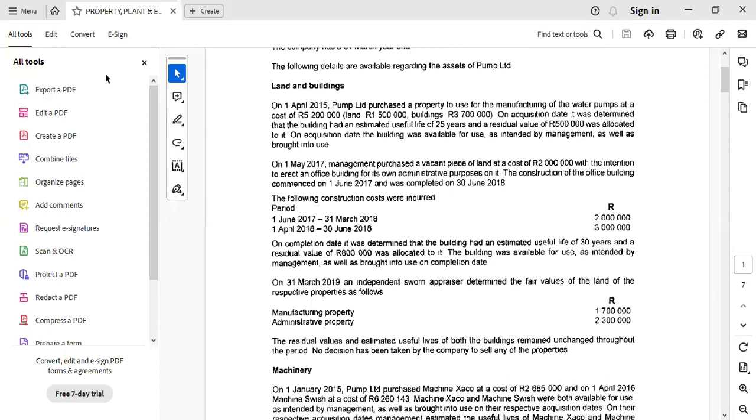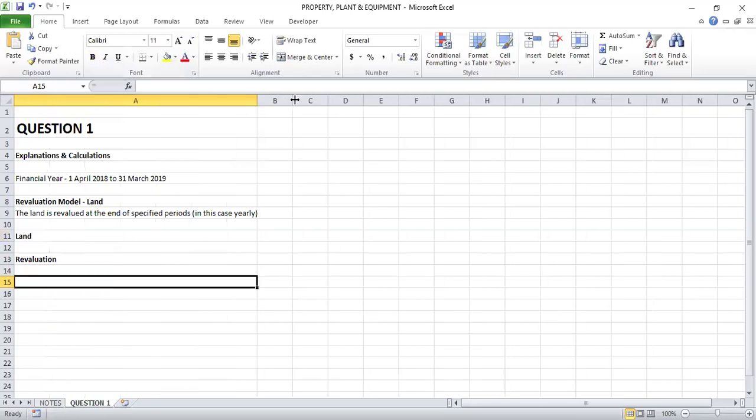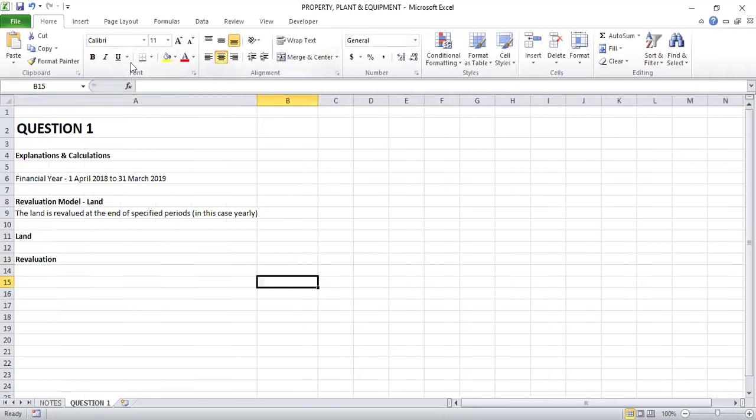Right, so we'll start with land. So let's say we say our land. Right, there's revaluation of our land. Let's calculate our revaluation, and the revaluation is in the current year, considering that the revaluation happened on 31 March 2019. So let's calculate our revaluation here.